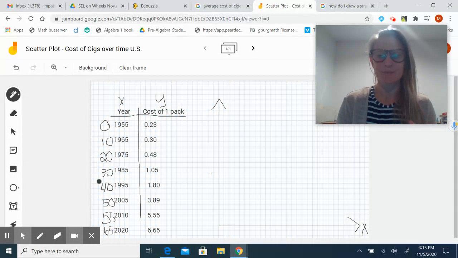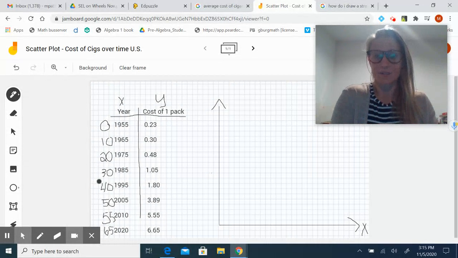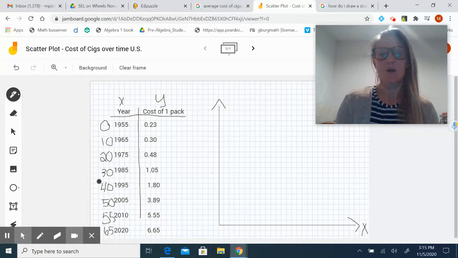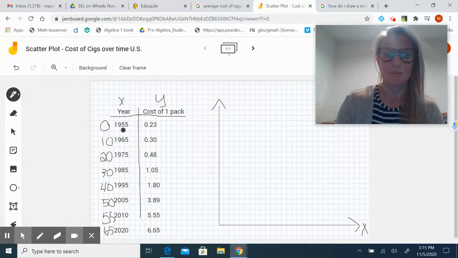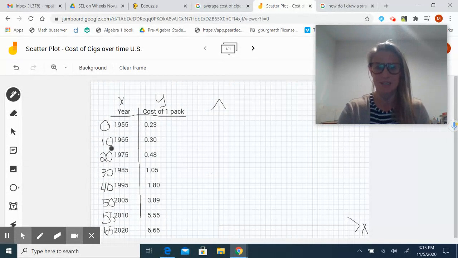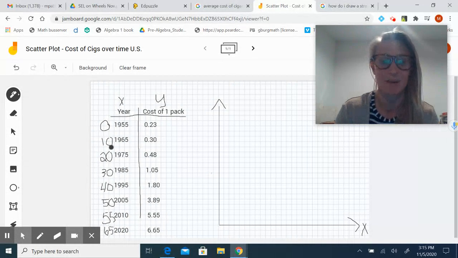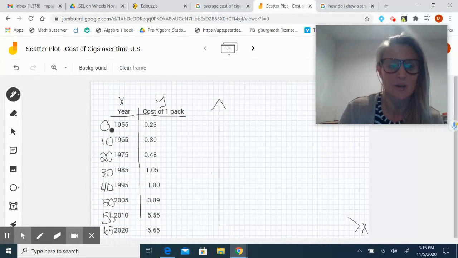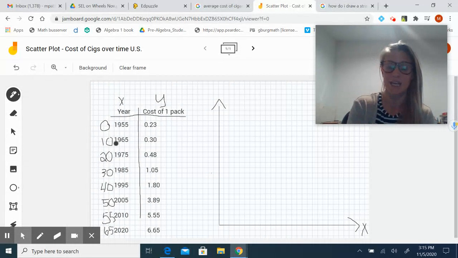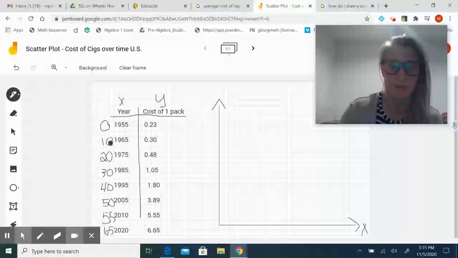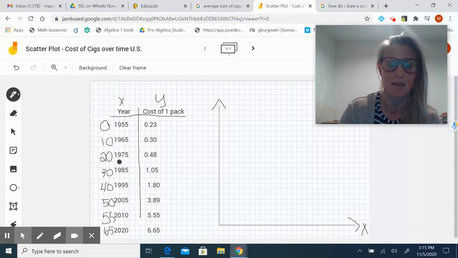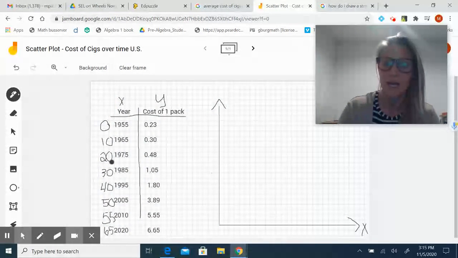And that doesn't really make sense in this case because obviously we weren't collecting data back then and there weren't cigarettes that they were charging for in 0 BC. So whatever year you're starting at, in my case, I'm starting at 1955, so I labeled that one 0. I have already done this just to save time on the video. So if that's year 0, then I just go to 1965 and figure out how many years that is from my starting point. So since that's 10 years, that's year 10, where 1975 would be 20, and so on.